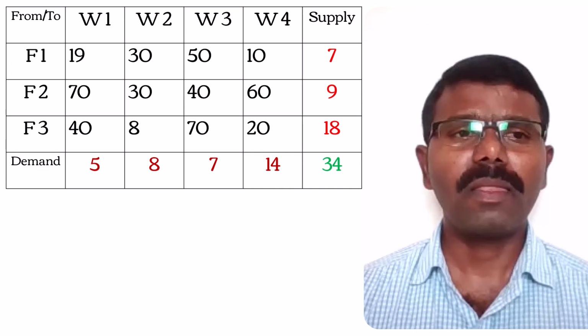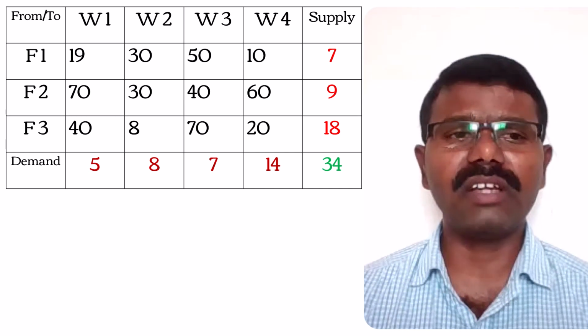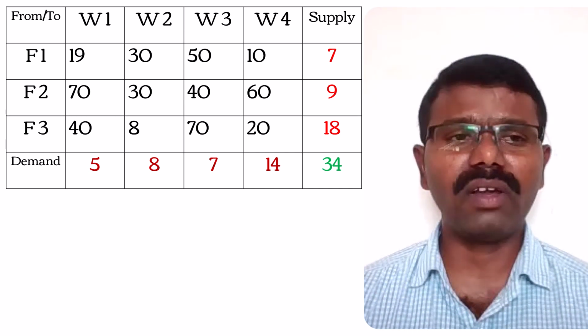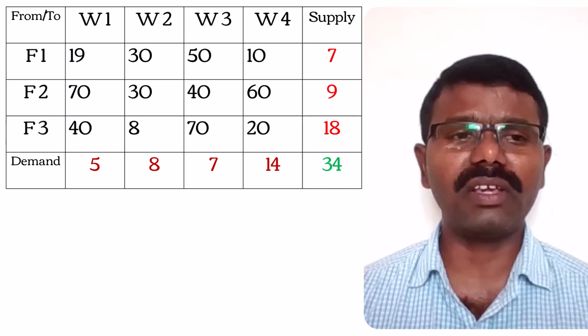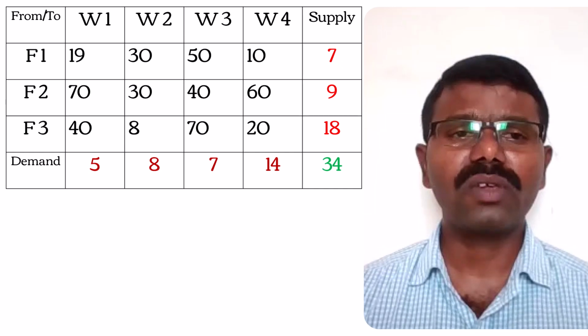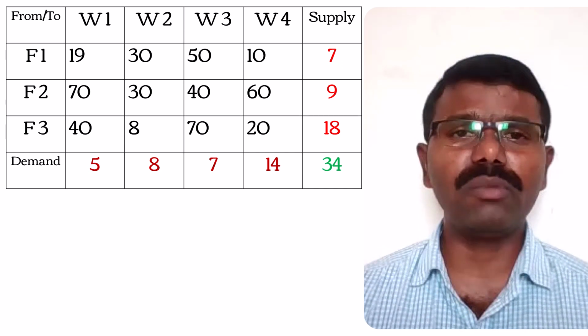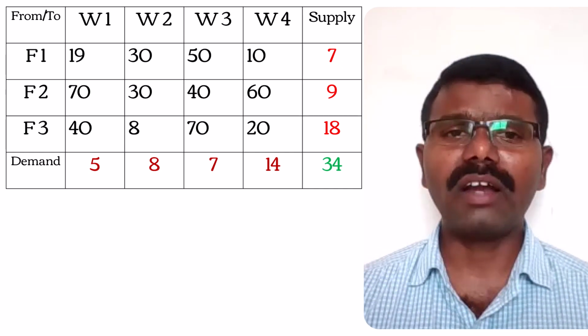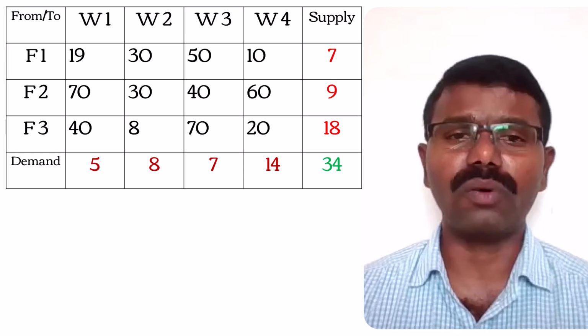So here let us consider F1 is the factory 1, F2 factory 2, F3 is factory 3, and W1 is the warehouse 1, W2 warehouse 2, W3 warehouse 3, and W4 is the warehouse 4.